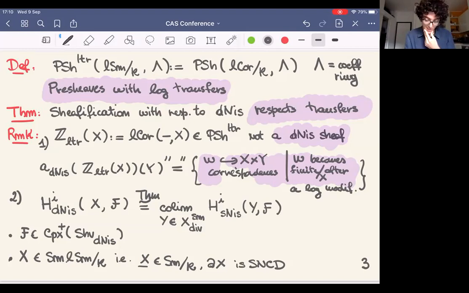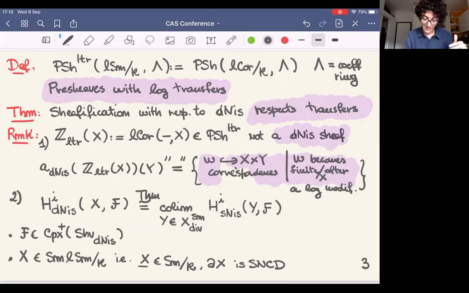So this is the first remark I wanted to make about this category of sheaves. And the second one is that we have a theorem that allows you to compute the dividing Nisnevich cohomology of any bounded complex of dividing Nisnevich sheaves, at least when X is log smooth, so that's yesterday's notation by Thom.